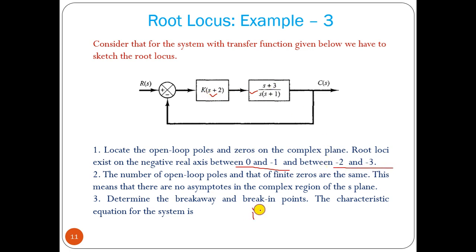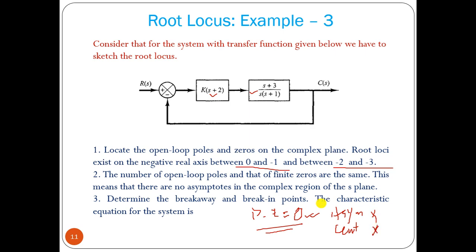In this case p minus z is equal to 0, so there should not be any asymptote line. One pole should merge with one zero, another pole with another zero as k goes from 0 to infinity. So here you don't have to find the asymptote, and the centroid is also not required.